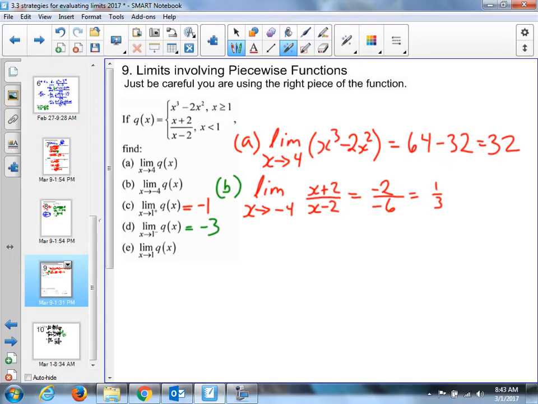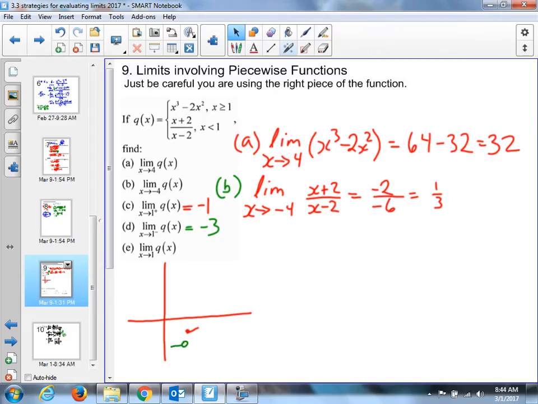From both sides, exactly. And you can see here, I'm only interested in this one portion. I really don't care about the rest of the graph. All I need to know is that if I approach 1 from the right, I'm going to get negative 1. If I approach 1 from the left, I'm getting negative 3.